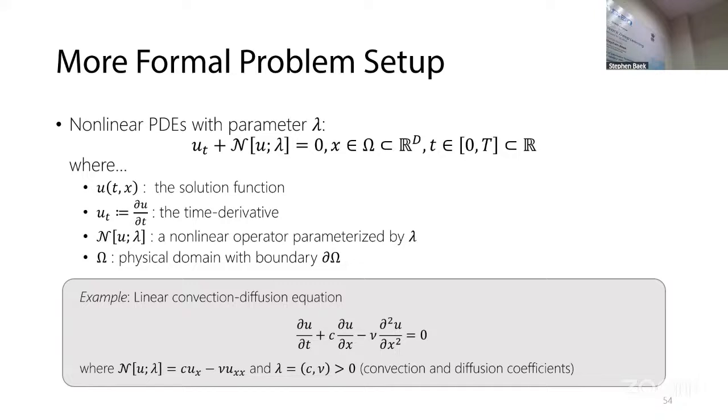So in this setup, okay, except for the time derivative, this whole thing over here is basically our nonlinear operator, okay? And that nonlinear operator is parameterized by C and nu in our case, right? And what that nonlinear operator does is to take a function u and then spit out the derivative, du dx minus d square u dx square.